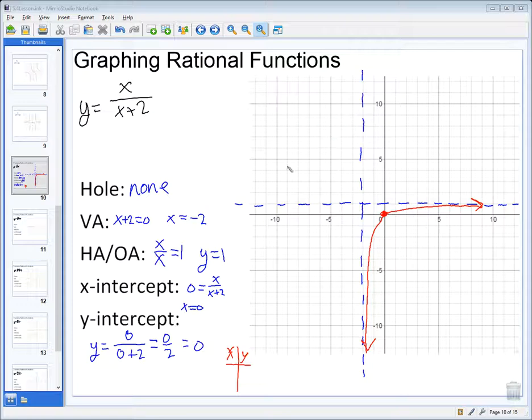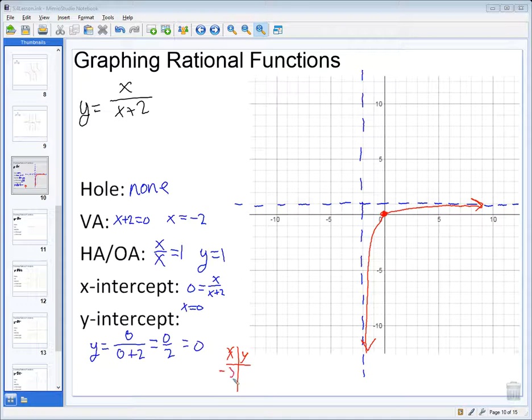Now, we don't know what's going on over here, whether it's this bottom portion or this top portion. You should recognize that it is going to be this top portion, but if you don't, we can always pick an x value over on this side. So say I pick negative 3, because negative 3 is over on the left side of this vertical asymptote.